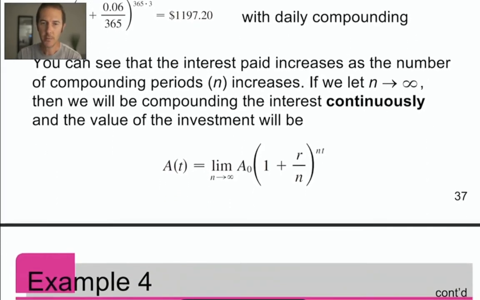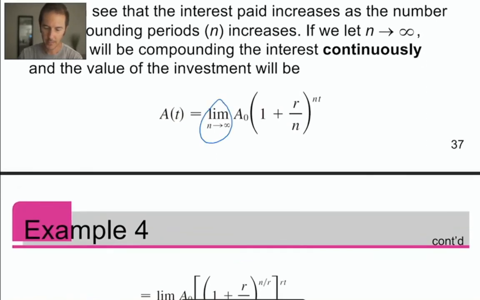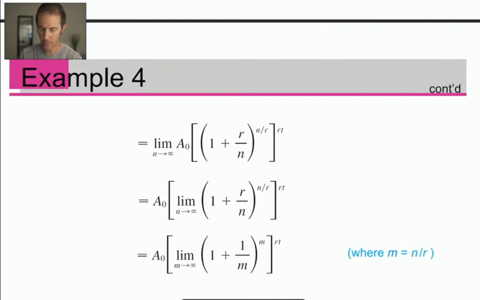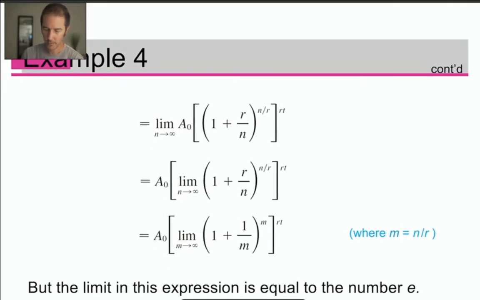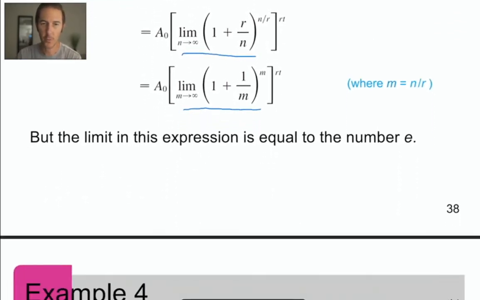Now, if we send the number of compoundings per year off to infinity, in other words, if we apply the limit as n goes to infinity, A sub 0 is a constant, we could really bring that out front, then what happens is you get this weird mutation, because after some more algebraic manipulation in here, what happens when you apply that limit is that you get the number e on the inside of those square brackets.